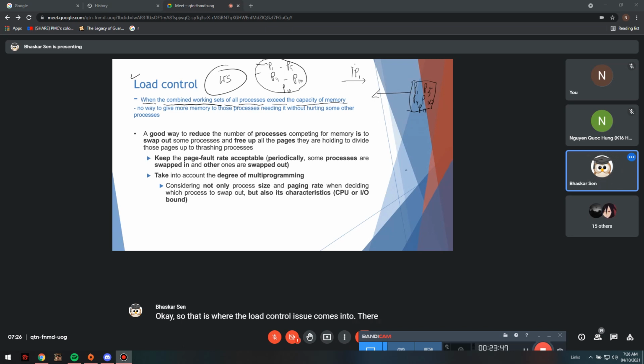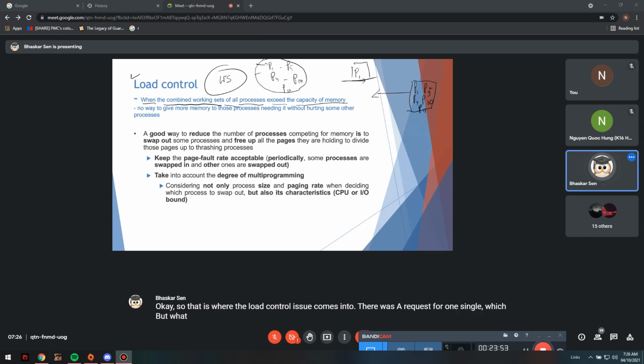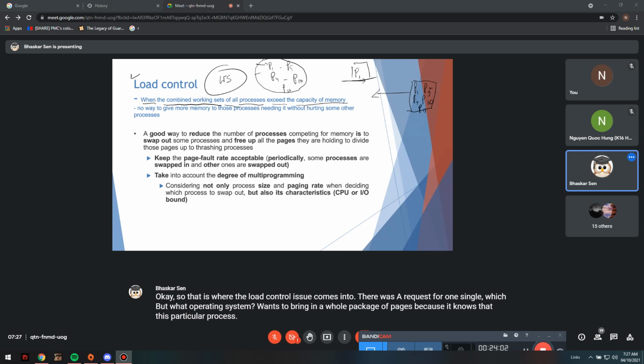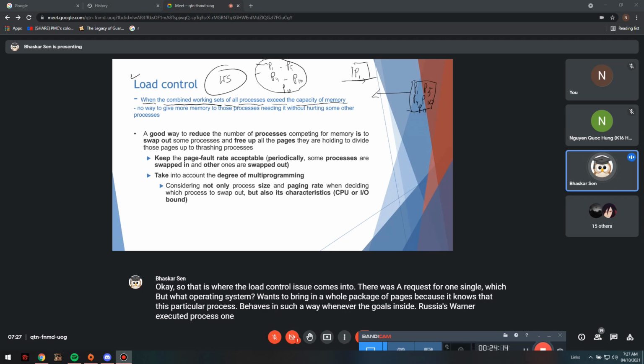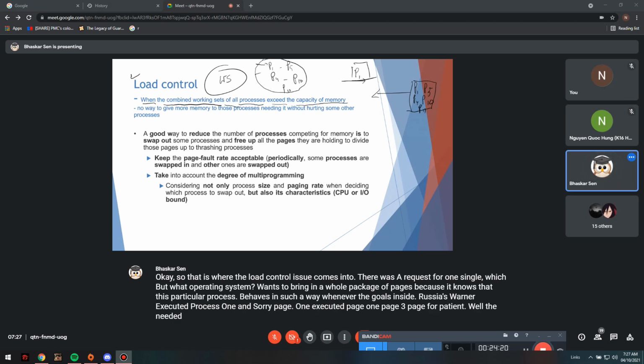There was a request for one single page, but the operating system wants to bring in a whole package of pages because it knows that this particular process behaves in such a way that whenever the code inside process one is executed, page one executed, then page three, page four, page 10, page 11 will be needed subsequently. So this is the deal, and that is where we get the load control issue.